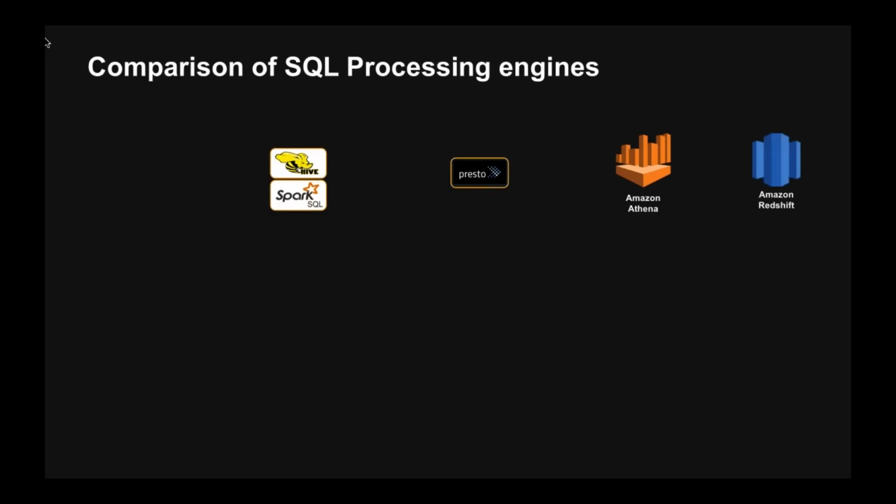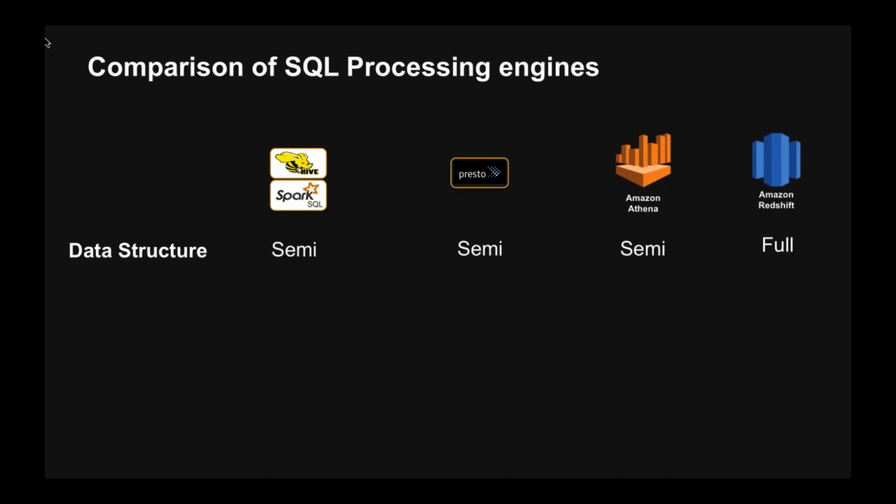So we've introduced a couple of different options for running SQL queries, and so the question that often comes up is, well, how are these all different, and when should I use the different types of SQL engines? So I just thought it might be worth giving you a quick comparison of these. So if you look at Hive and Spark SQL on the left there, we'll compare that with Presto, Athena, and Redshift.